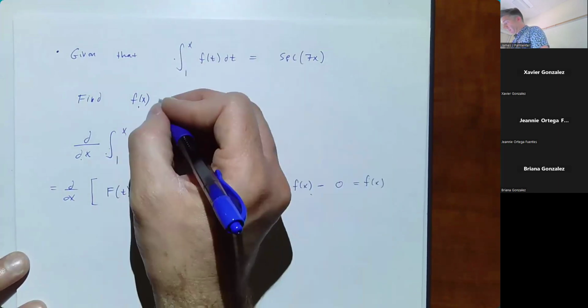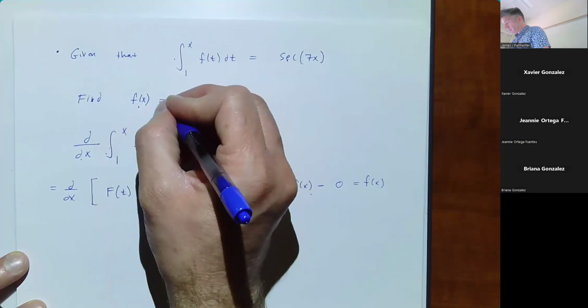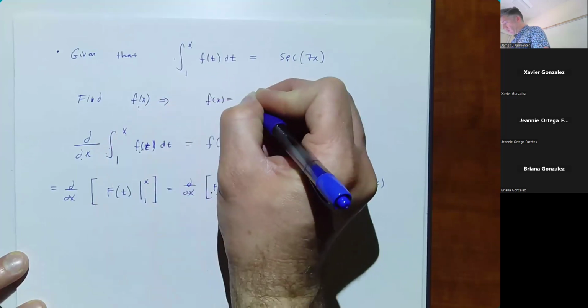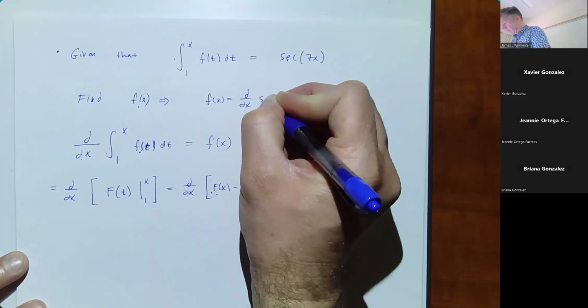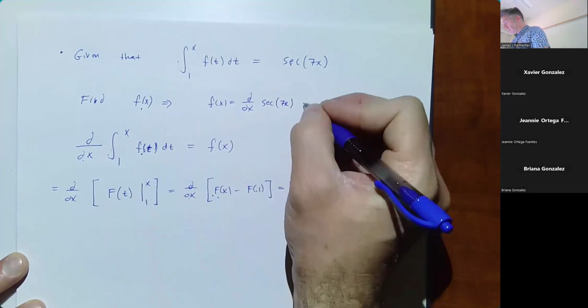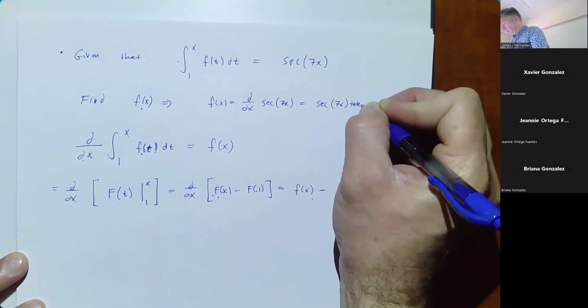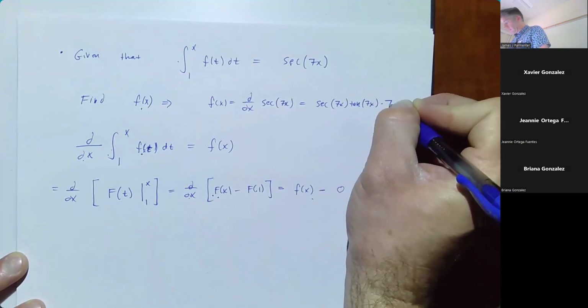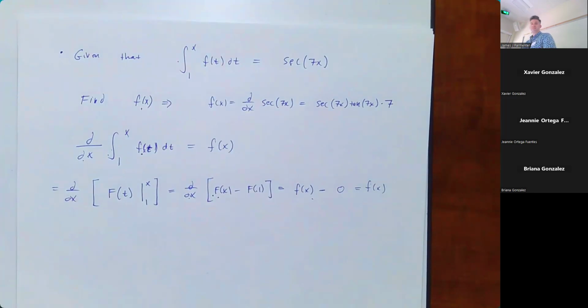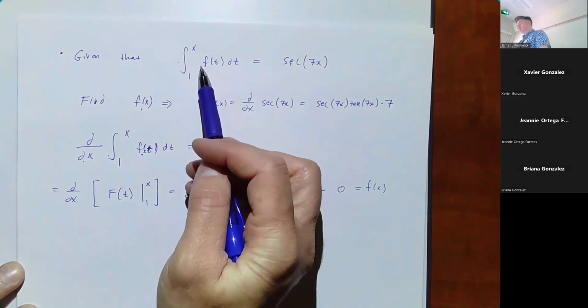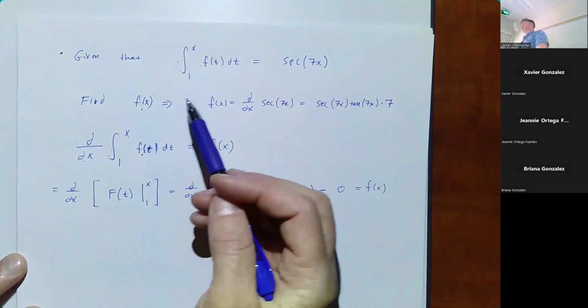So f of x is going to equal the derivative of secant of 7x, which is secant of our stuff times tangent of our stuff times the derivative of our stuff. It's not a super hard question if we know what to do. Differentiating secant of 7x is not the hard part. It's recognizing that you take the derivative of this to get f of x.